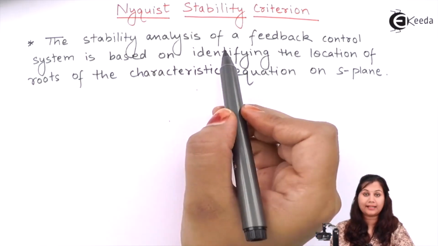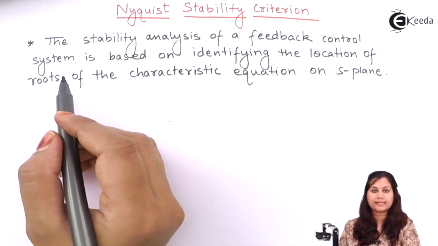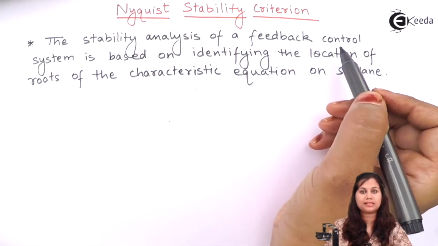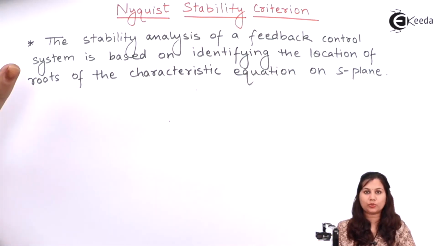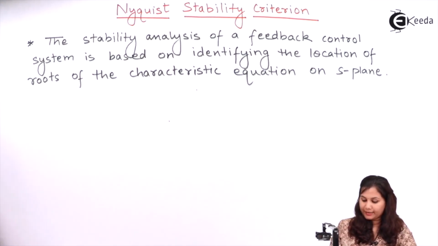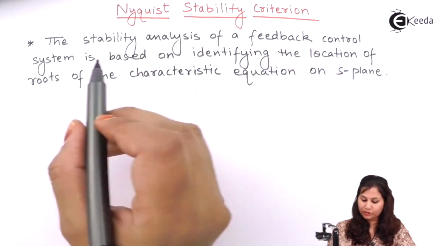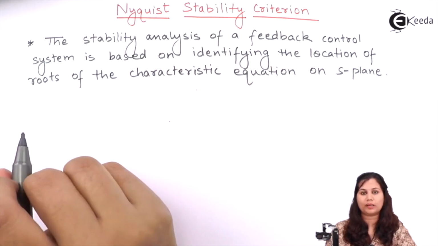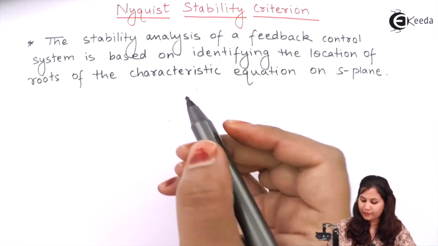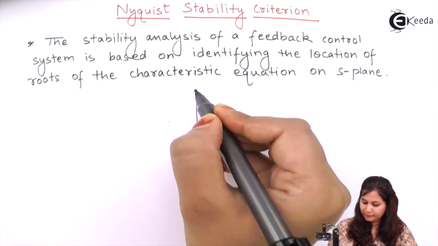So the stability analysis of a feedback control system means that it is a closed loop control system. And this stability analysis is based on identifying the location of the roots of the characteristic equation on the S plane. So this is the S plane.